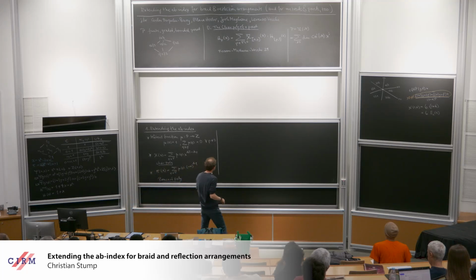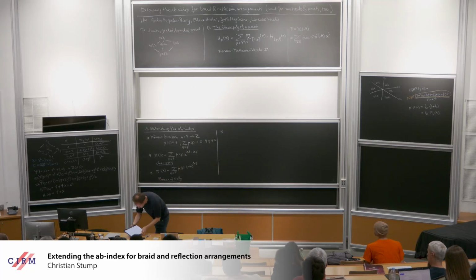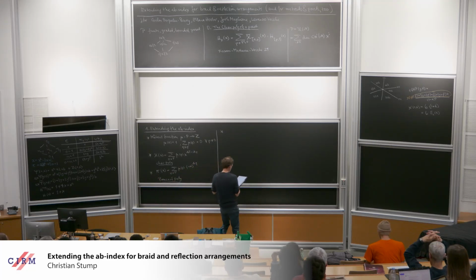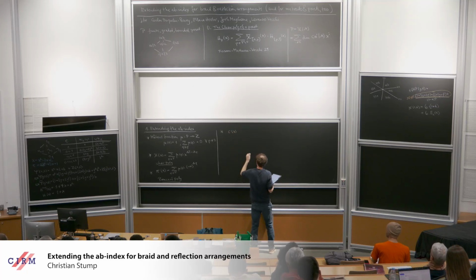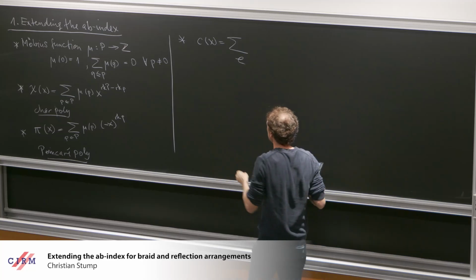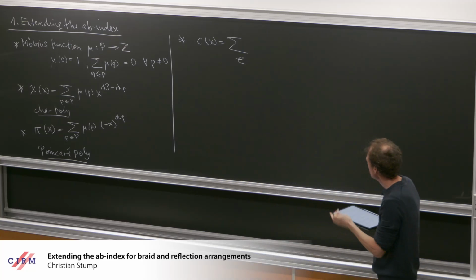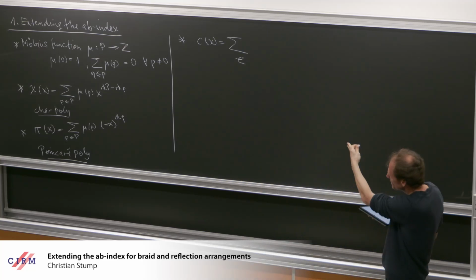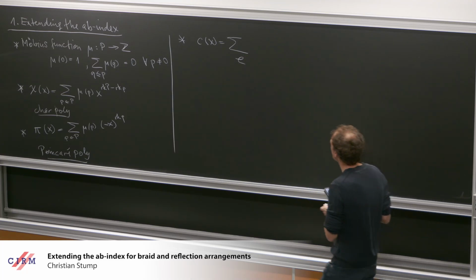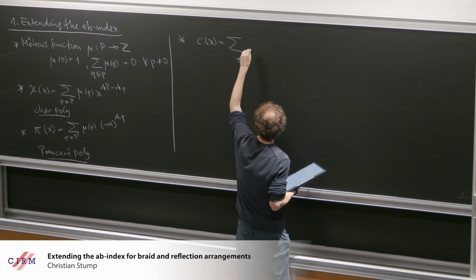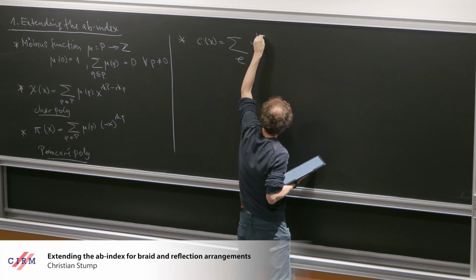Then the chain polynomial. The chain polynomial of the poset is the following. Let me write it. C of x is just the sum over all chains in the poset, whatever they are, so subsets of pairwise comparable elements, of x to the size of the chain.